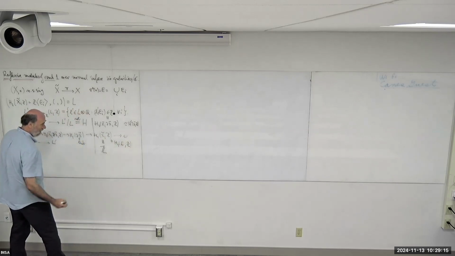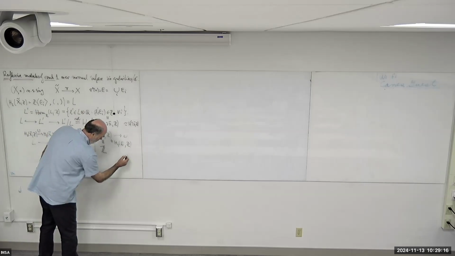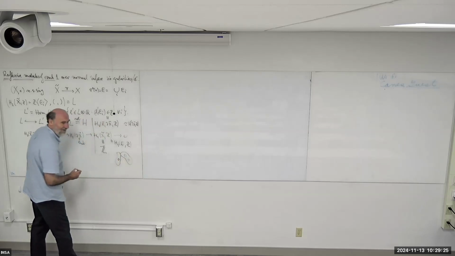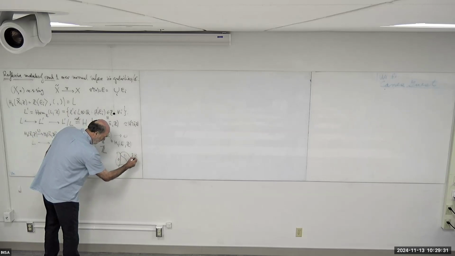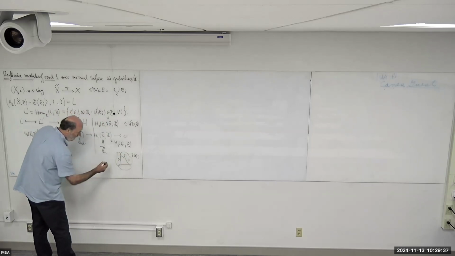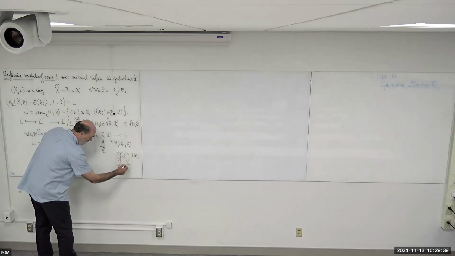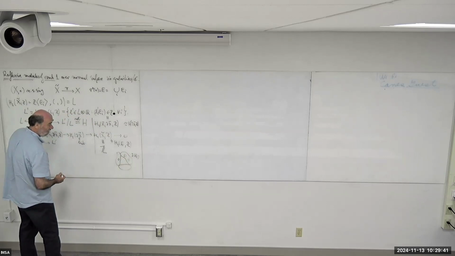So H1 of E: if we have the exceptional curves with transversal intersections, we have for each E_i with genus g_i, 2g_i cycles, and also the number of independent cycles in the graph.